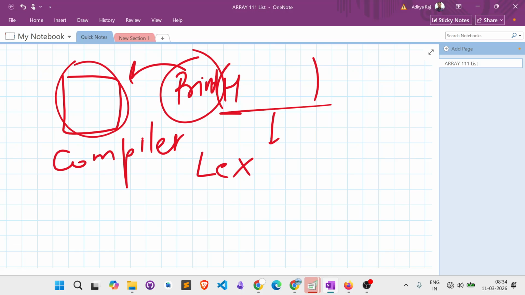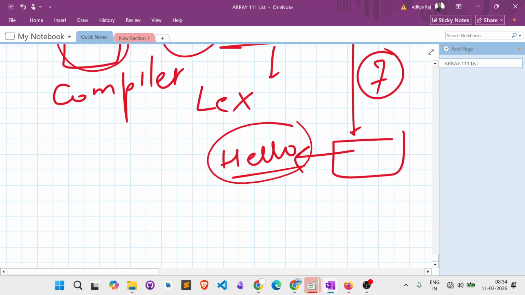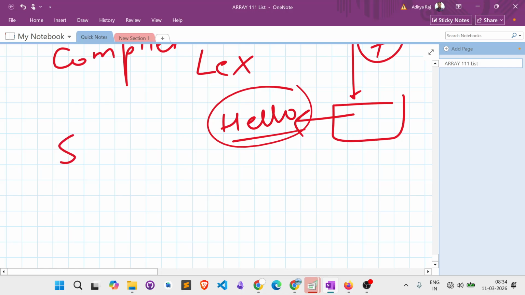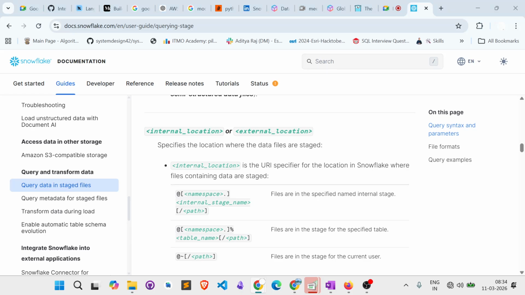Lexical analysis and tokenization, all these things happen inside the compiler. Compiler design has 7 layers, and after passing through all of them, the compiler gives the output that this code wanted to print hello world. In the same way, with a SQL query, the compute engine is responsible for understanding the SQL query and producing what is required out of that query, like which join you wanted to perform.